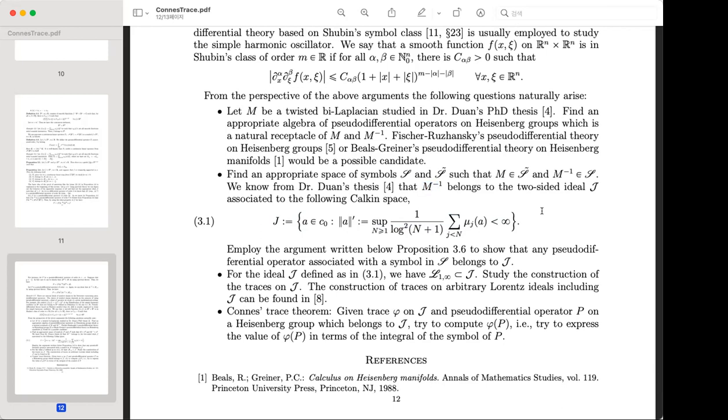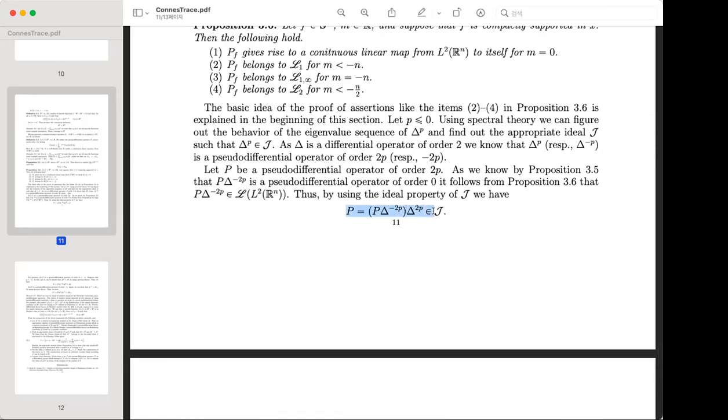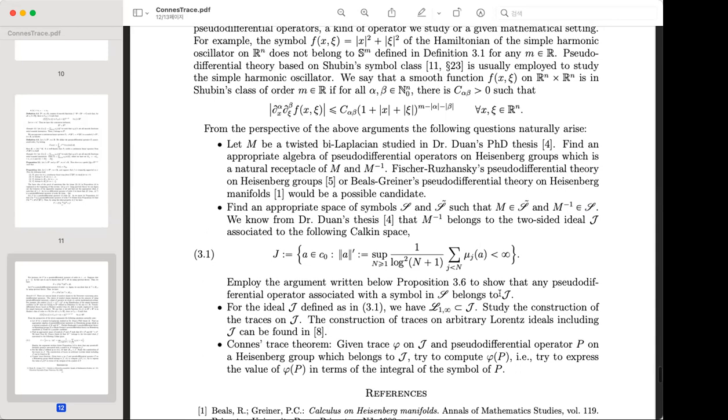Then after we find out the nice symbol space which has the symbol of M, and the nice symbol space which has the symbol of the inverse of M, then by using the same trick I mentioned here, the pseudo differential operator on the Heisenberg group associated with symbol in this class will also belong to the same ideal.